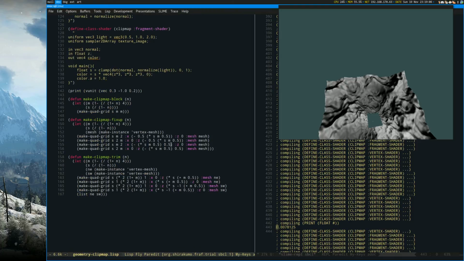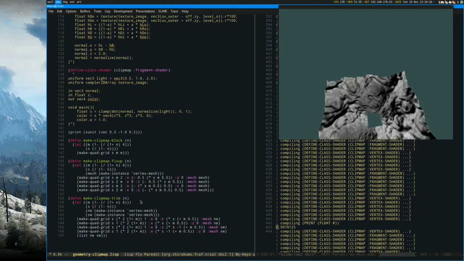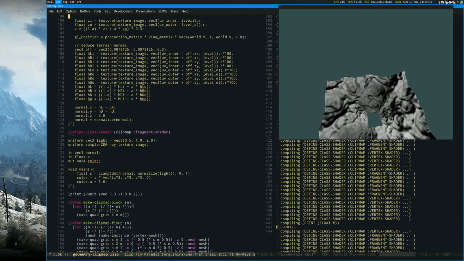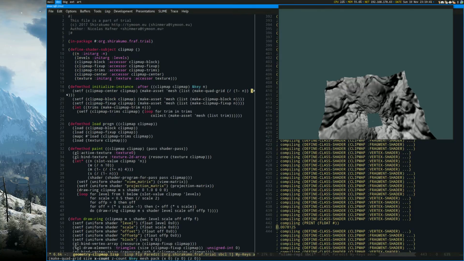What was it called? Make quad grid. N was the number of vertices, so we just need this, I think. Maybe.